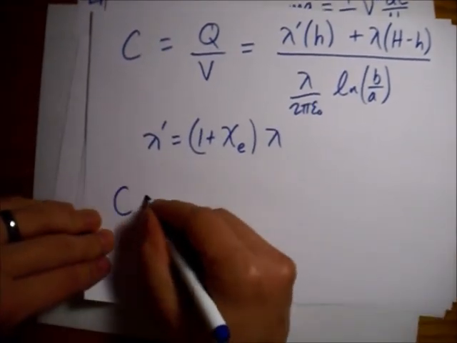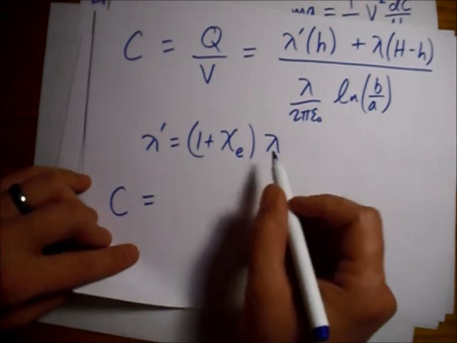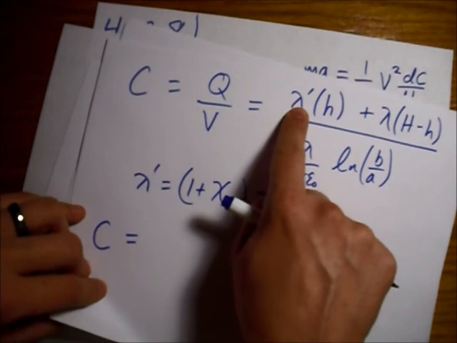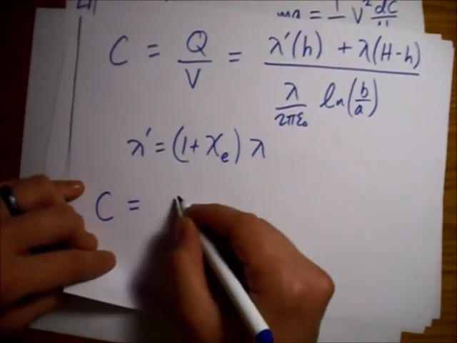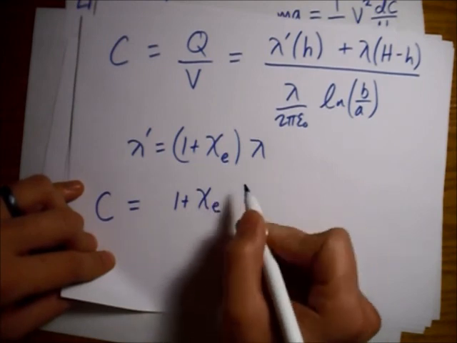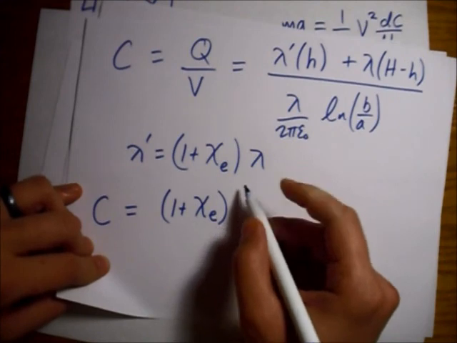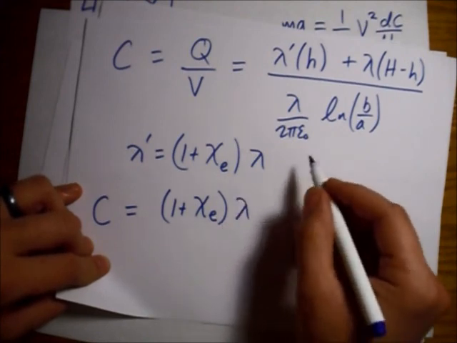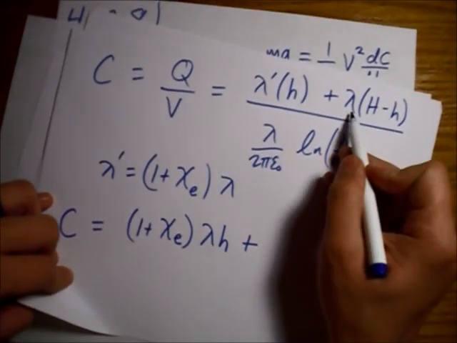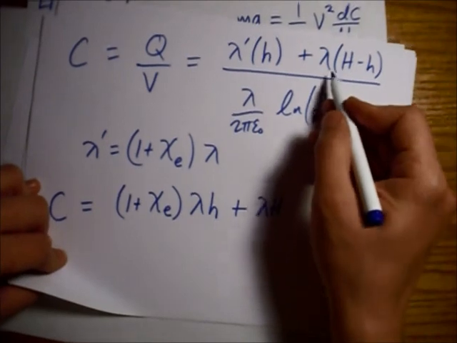So let's go ahead and add that into our C. I'm taking this piece right here and plugging it in up here: 1 plus the electric susceptibility multiplied by this lambda, multiplied by this h, and then plus this lambda H. I should have factored out this lambda, shouldn't I?